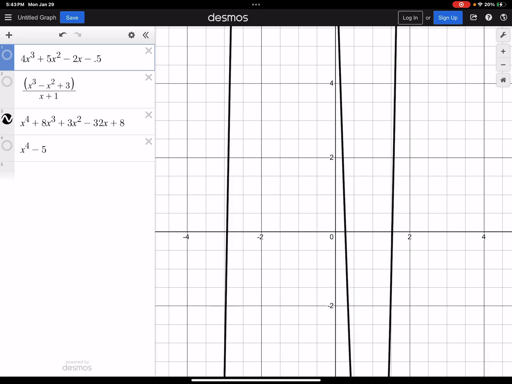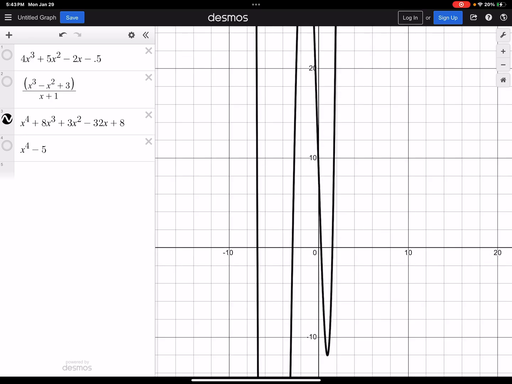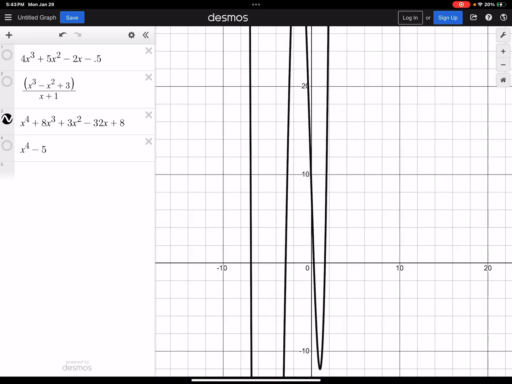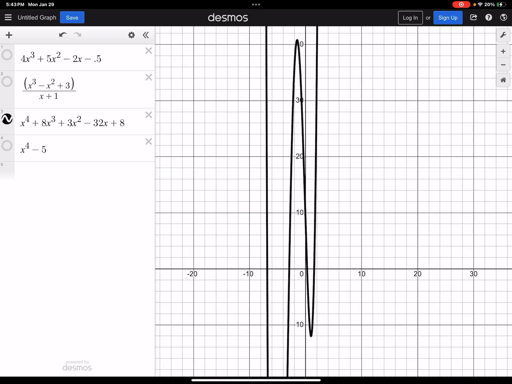So here is a quartic, and now this one is a little bit harder to see all of the turns in one screen, just because it starts to get pretty small.